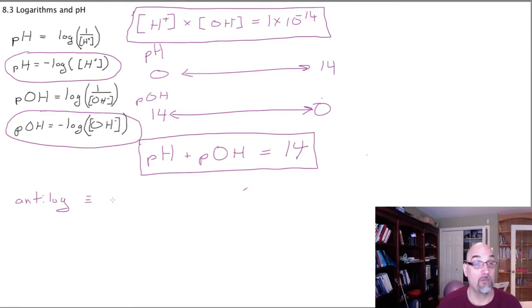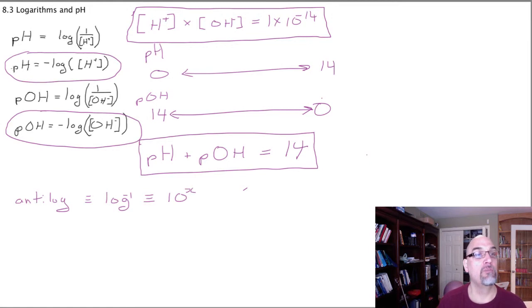Some of you might have a button that's log minus 1. That minus 1 means inverse. So an anti-log is the same thing as an inverse. And when we're dealing with log base 10, that's the same thing as 10 to the x. So this equal sign with an extra bar is a mathematical symbol for equivalent. So the anti-log, log inverse, or 10 to the x are all equivalent. And you'll probably have just one of those on your calculator.